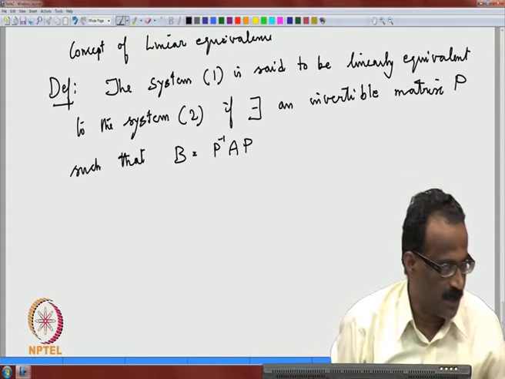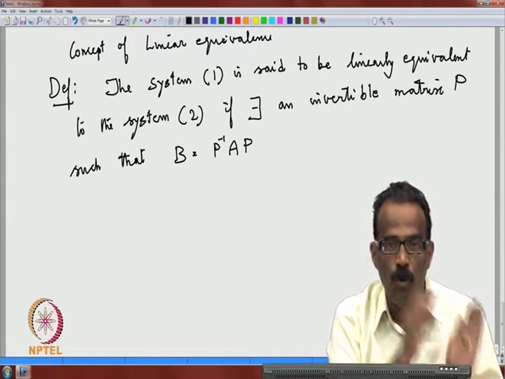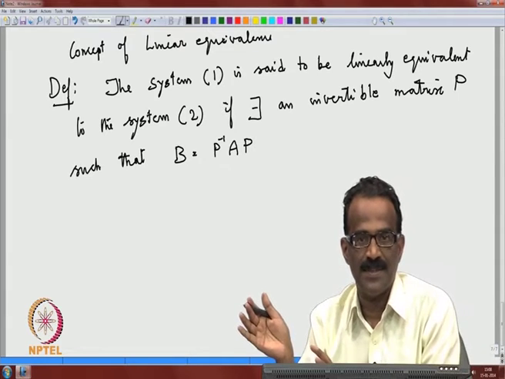See, that is the point. So, whenever two systems are linearly equivalent, you can go from one system to another system.